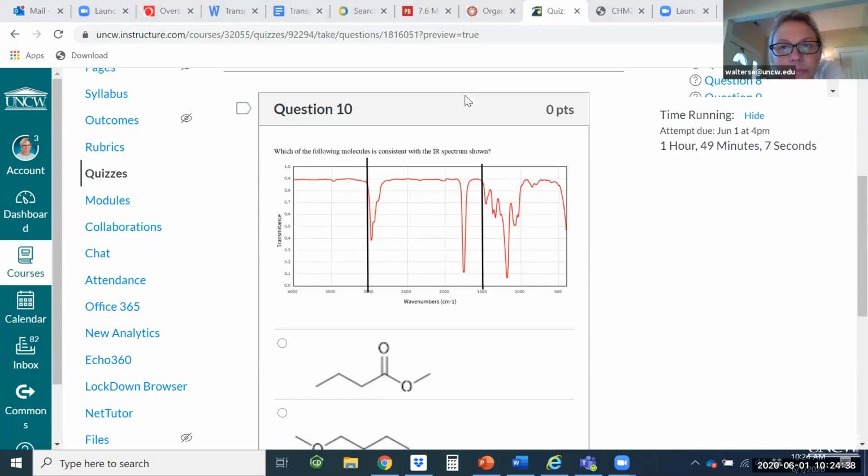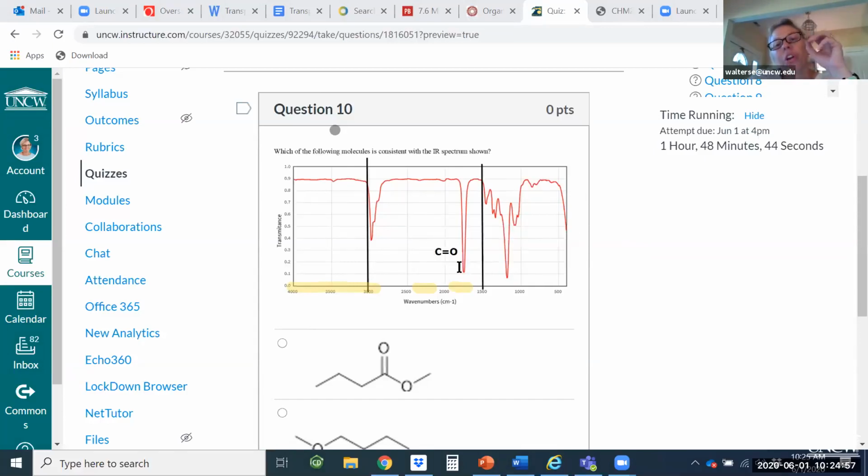And then single, triple, double. Okay. So you have a carbon double bonded to an oxygen.